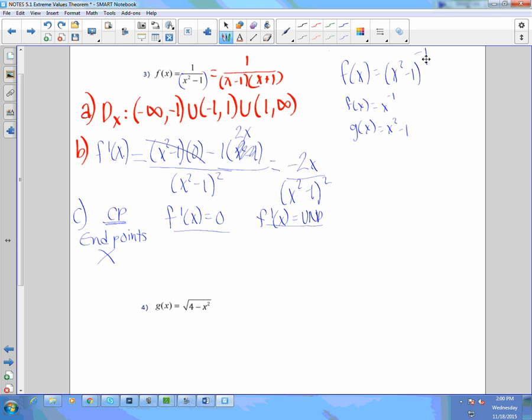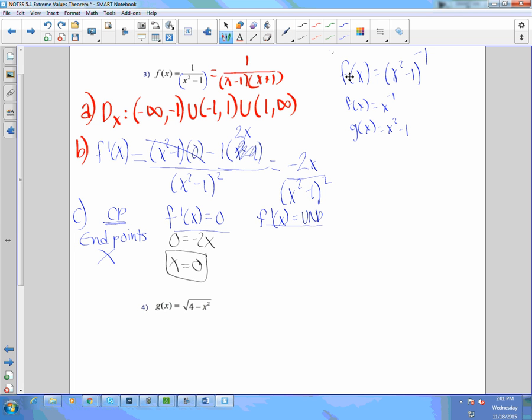Do we set the whole thing equal to 0, or can we just set the numerator equal to 0? The answer is actually yes to both. If we set the whole thing equal to 0, the denominator goes away anyway. So we just take the numerator, which is negative 2x. So x equals what number? 0.